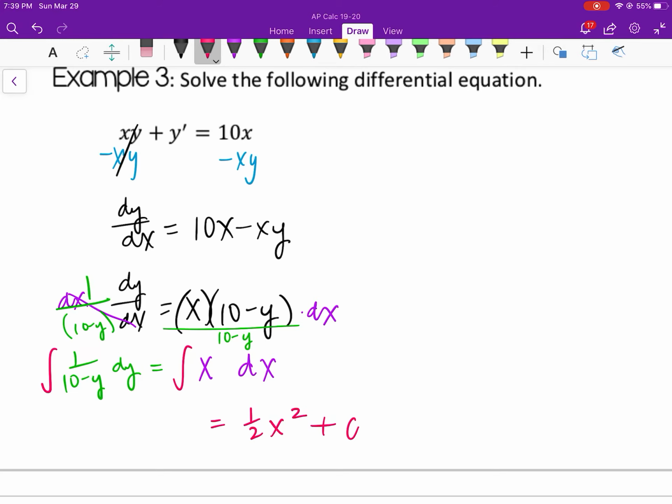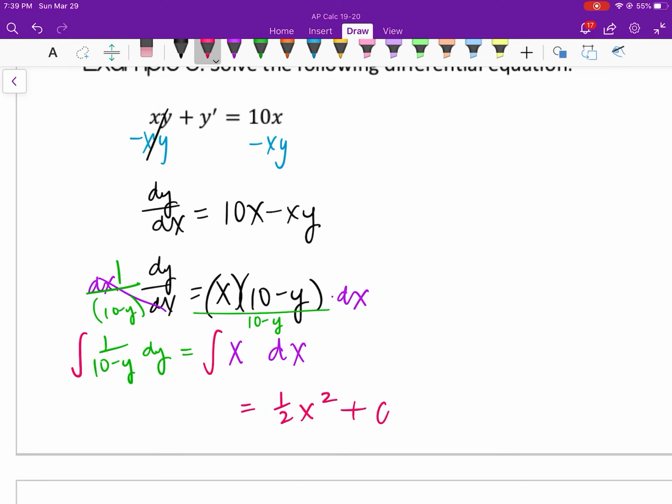so there it is. On the left-hand side, well, we have to consider chain rule. We have to do u substitution, or at least do the process, do the steps in our head. So if we know that the derivative of the thing in our denominator is going to be a -1, remember you can just throw a -1 wherever you want it, as long as you say, well, I've got 1 over that out front.